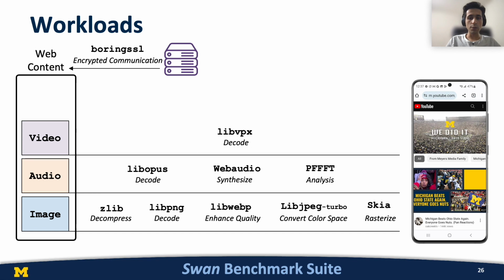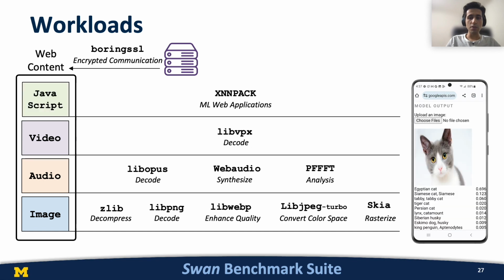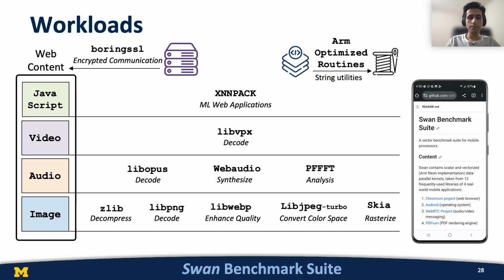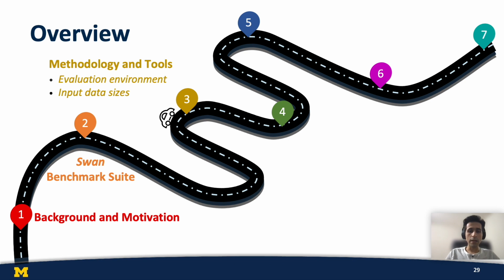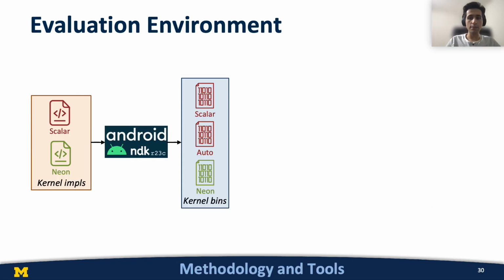Videos are decoded using libvpx, and machine learning web applications based on JavaScript are executed using Xnnpack. In addition, ARM-optimized routines contains string utility primitives such as memcopy and memset, which is used across the code base of all applications. Now let's explain our evaluation environment and input data sizes.